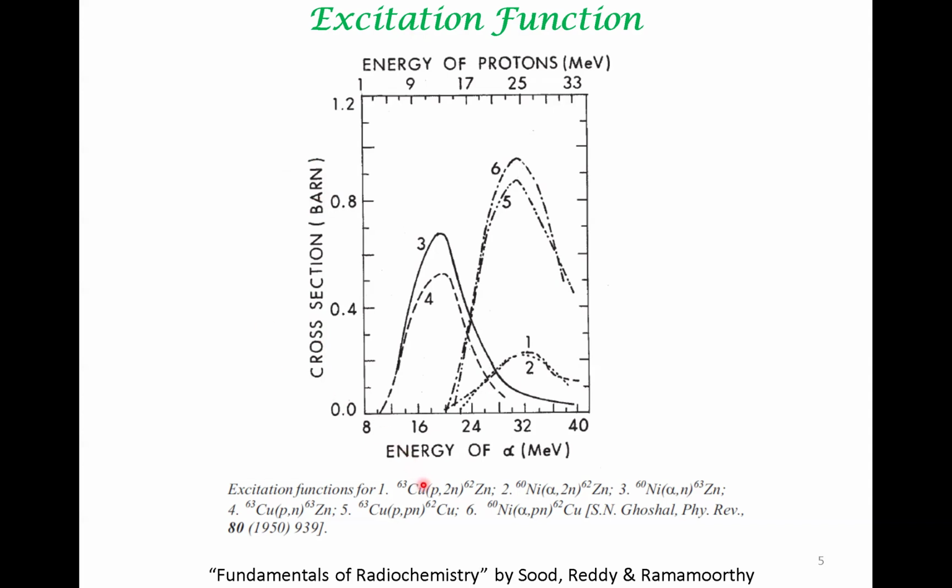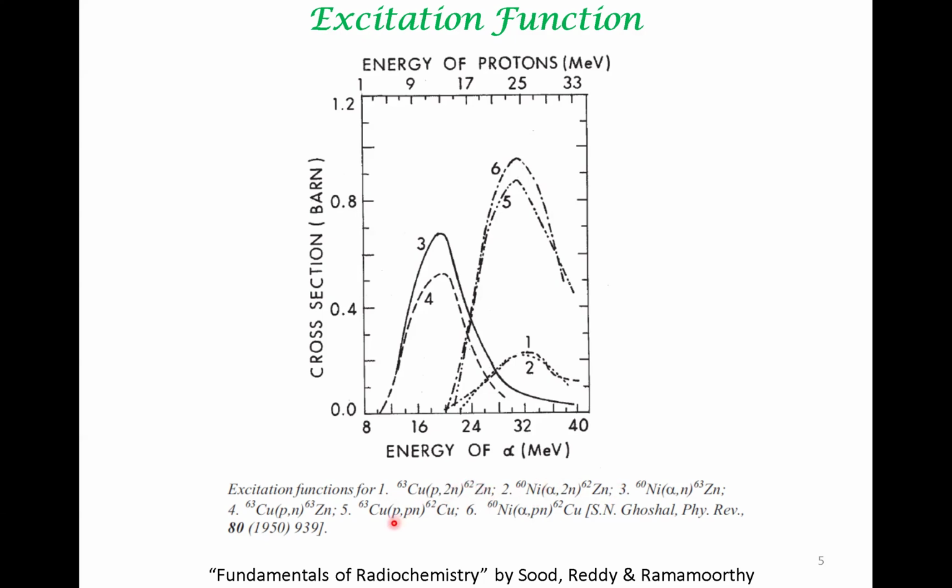So for some different reactions, you're plotting how the cross-section changes with the energy of the projectile. For example, reaction 1, plotted here, refers to a proton projectile reacting with copper nuclei, emitting neutrons and giving rise to zinc.